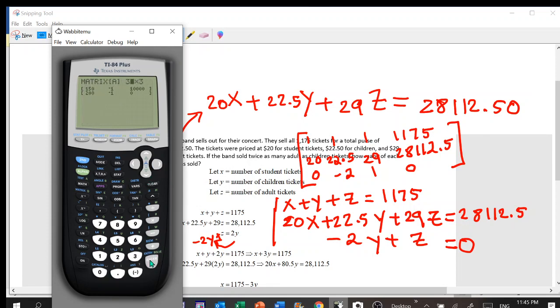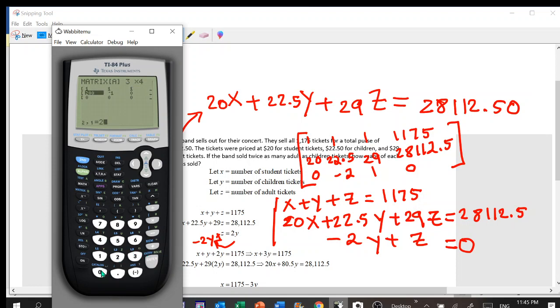This is a 3 by 4. So we got 1, 1, 1, and 1175. Is that right? Yes.